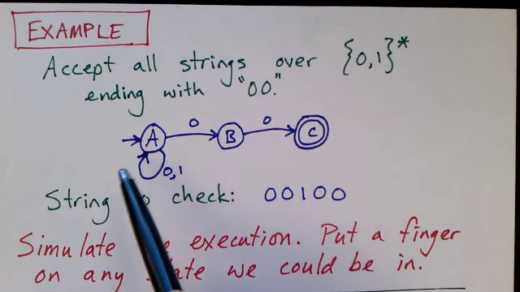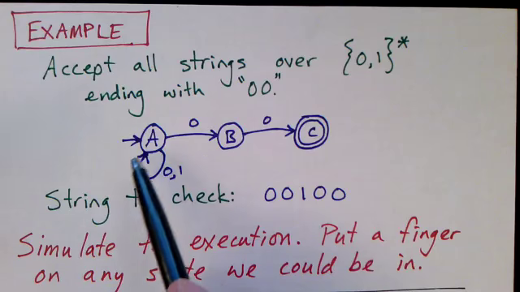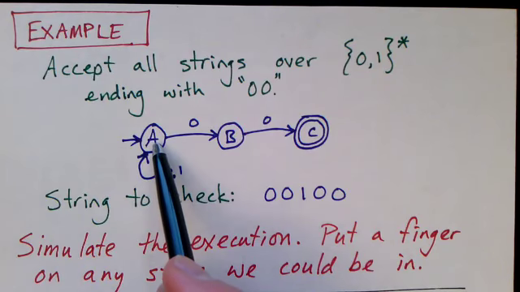So the dumb way to simulate this finite state machine is essentially to put a finger on every state we could be in.